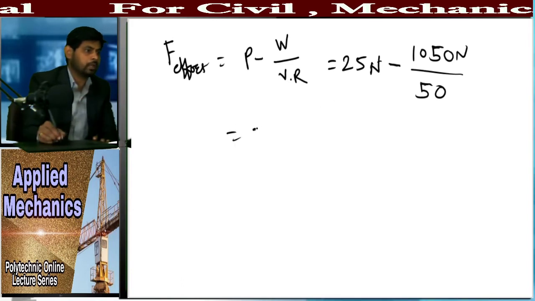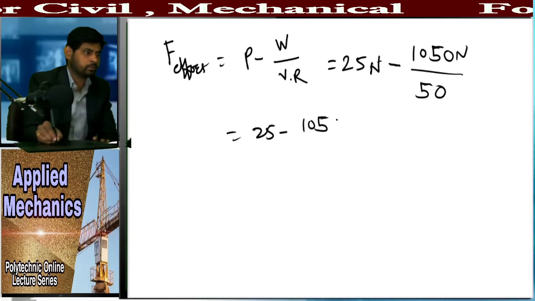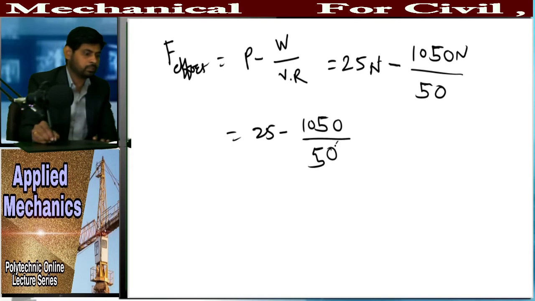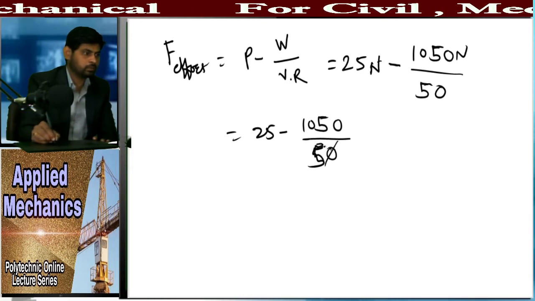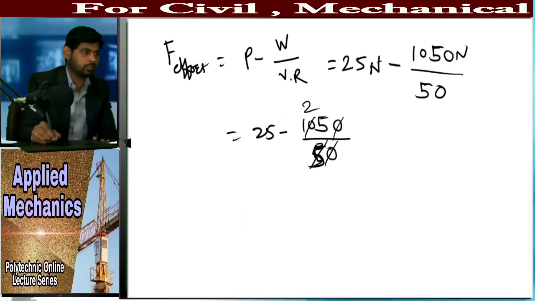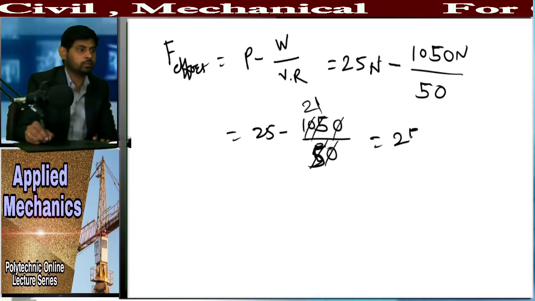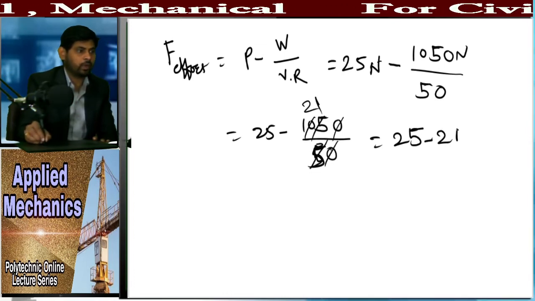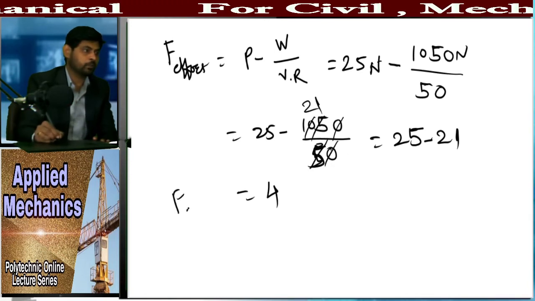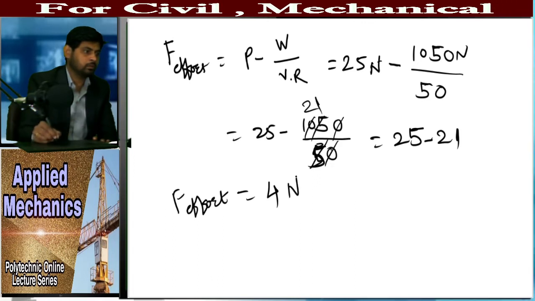So just do the calculation. 25 minus 1050 divided by 50. Here the zeros will get cancelled. 5 twos are 10 and 5 ones are 5. So here that is 25 minus 21, which is nothing but 4. So frictional effort lost is 4 Newton.